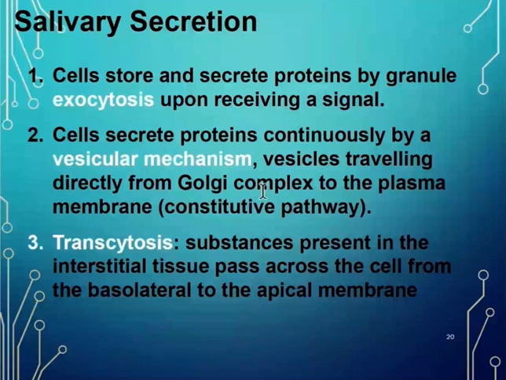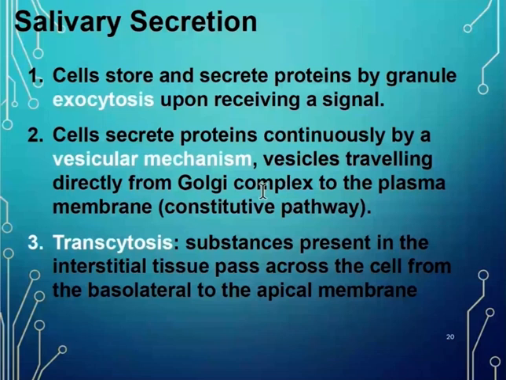Now back to the salivary secretion. We have two methods of protein secretion, and then the constitutive pathway. The cells store and secrete proteins in granules, as we've seen, upon receiving a signal.